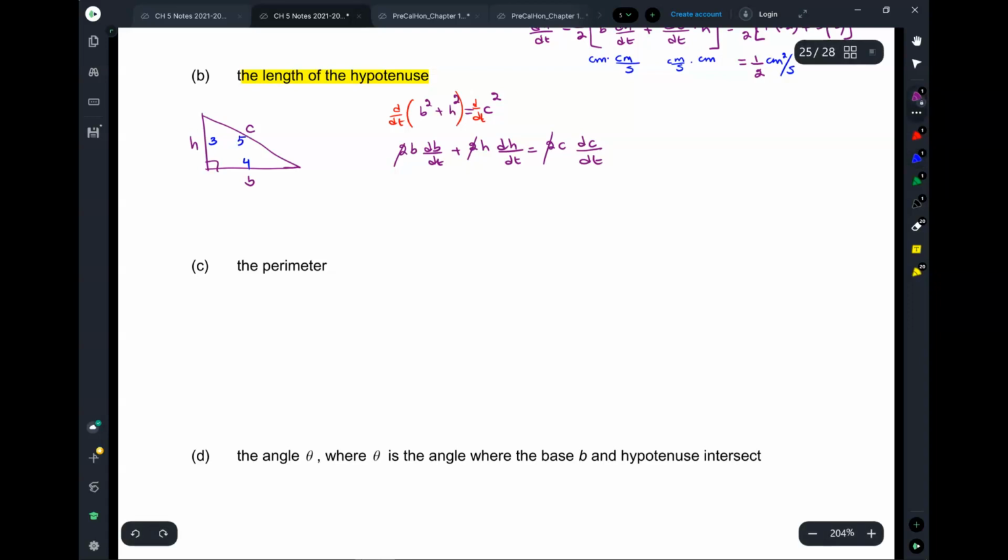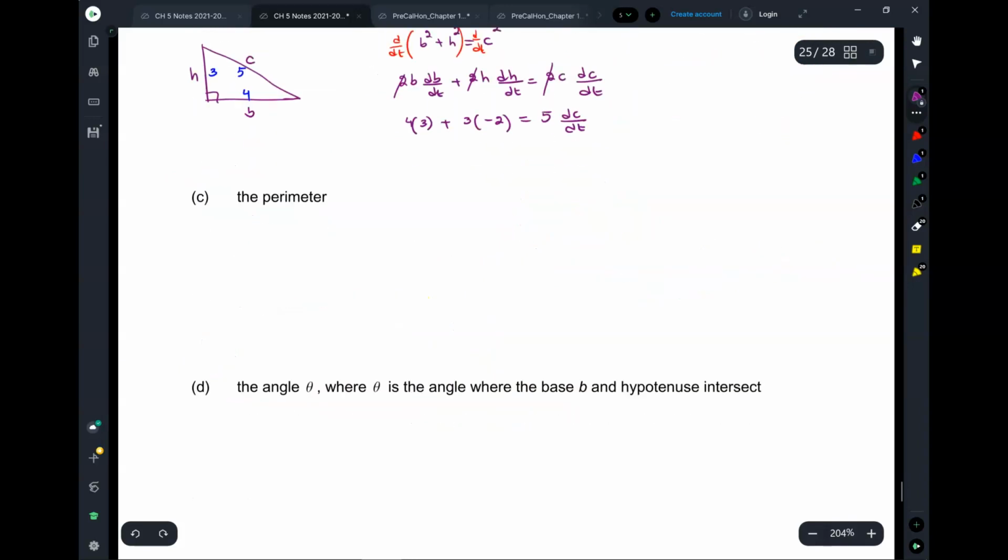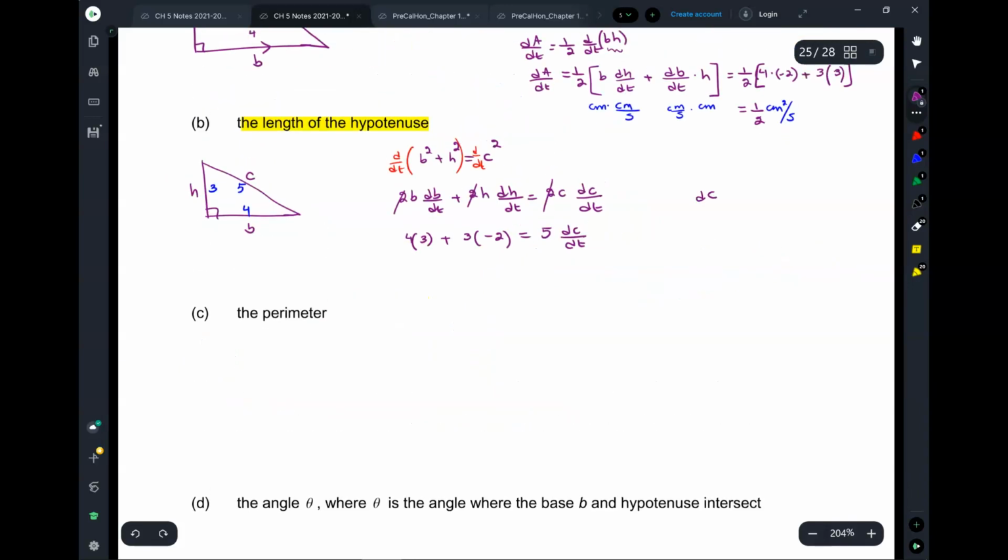So let's plug it all in. 4 times 3 dB/dt plus 3 times negative 2 is equal to C, 5, dC/dt. You do Pythagorean Theorem. How do you know that 3 squared plus 4 squared equals 5 squared. dH/dt is negative 2? It said so in here. Oh, yeah. So now you solve. dC/dt is 6 over 5 centimeters per second.